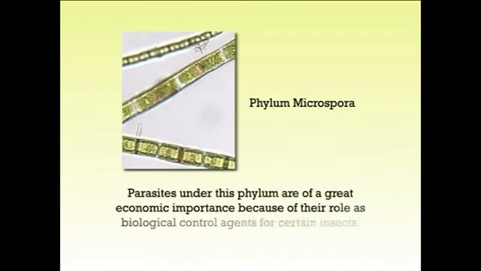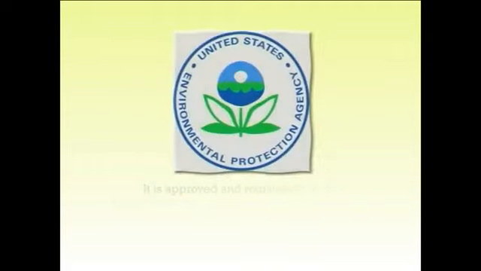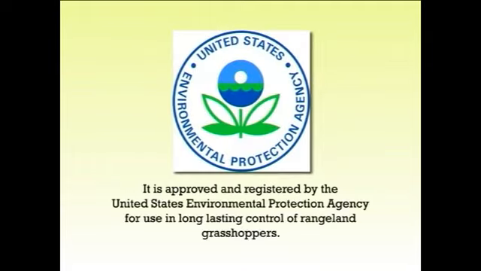Parasites under this phylum are of great economic importance because of their role as biological control agents for certain insects. We will take a unique example: Nosema locustae is approved and registered by the United States Environmental Protection Agency for use in long-lasting control of rangeland grasshoppers.